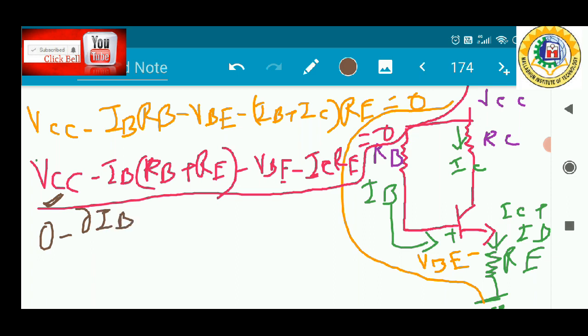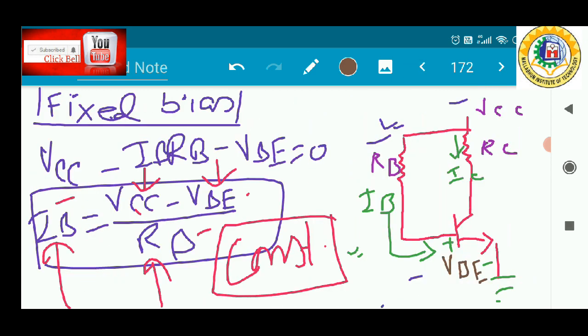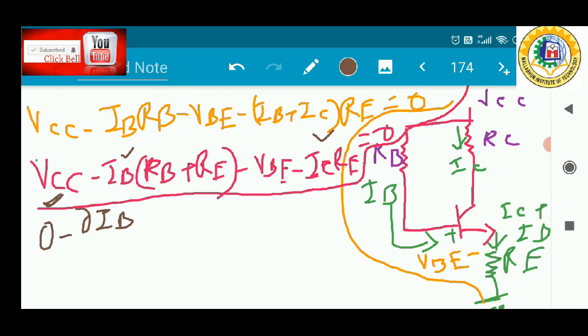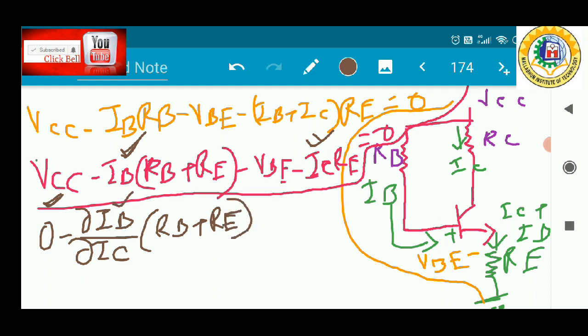In the previous case, whenever I said IB is fixed or constant, del IB by del IC equal to 0. Here this is not the case, because from that equation you can see that IB is dependent on IC. So del IB by del IC actually exists, multiplied by RB plus RE. I am again repeating that in this equation IB is dependent on IC, that's why del IB by del IC is not equal to 0.